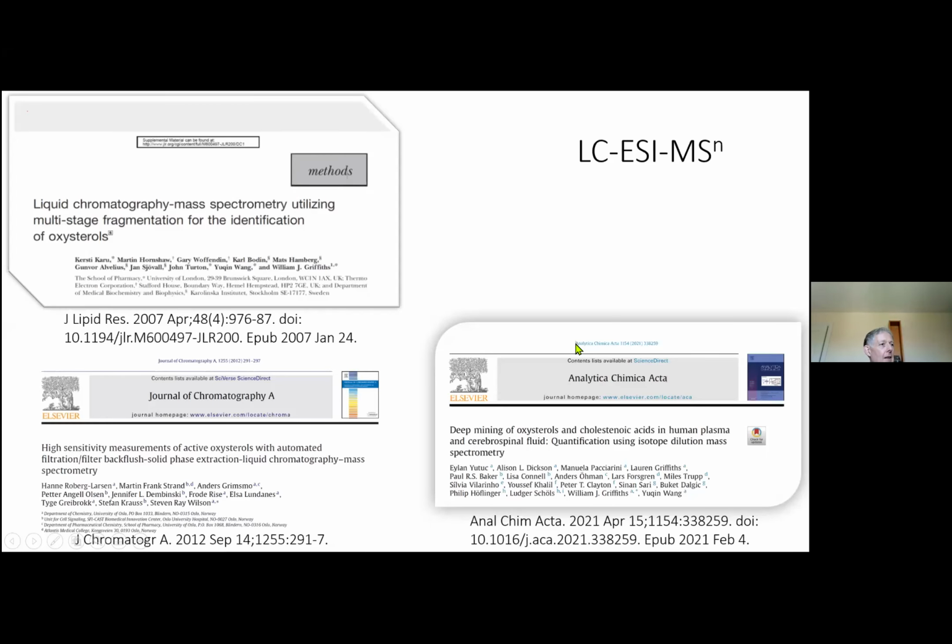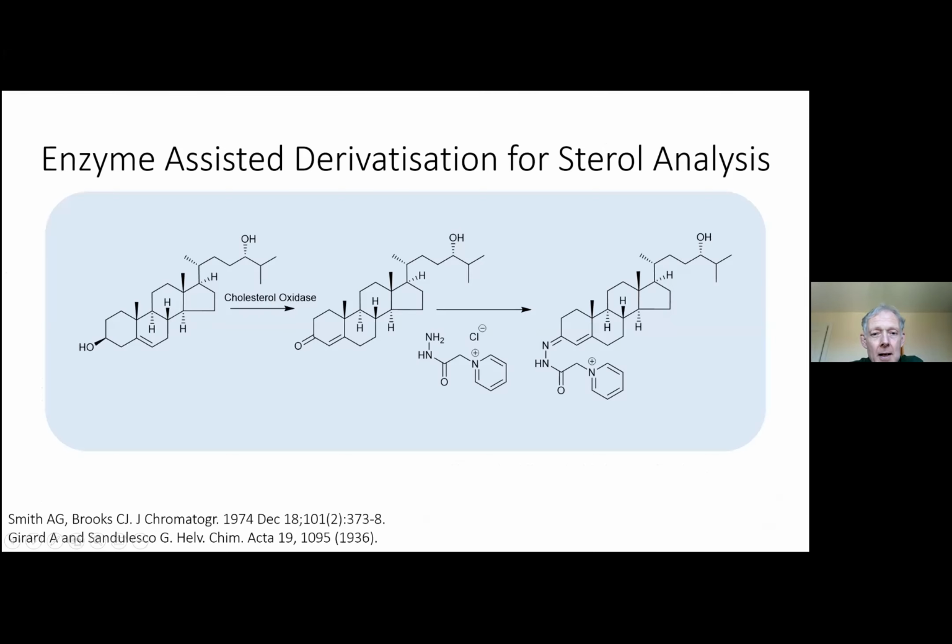Okay, in the final few minutes, I should just mention the methods that we like to use, and also some friends in Norway. So we use LC electrospray, MSn and MS/MS. And we like to do a double derivatization reaction, where in a first step we use an enzyme, and then the second step we do a derivatization.